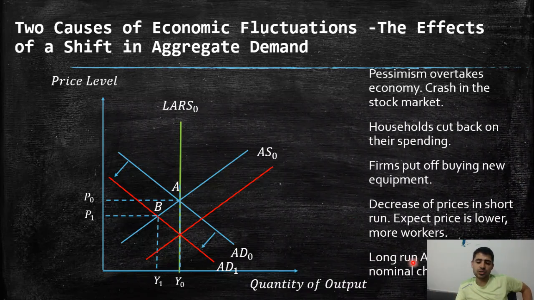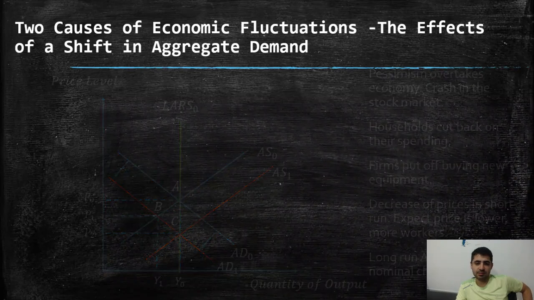For this situation, the AD shift is a nominal change because the quantity remains exactly the same, but we face a decrease in the prices at point C.